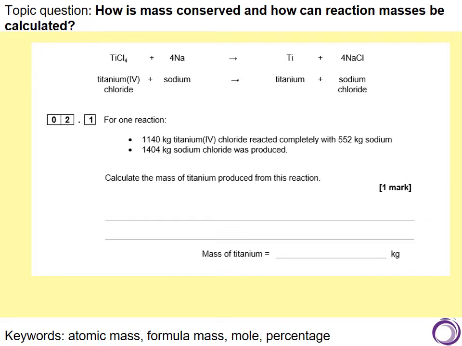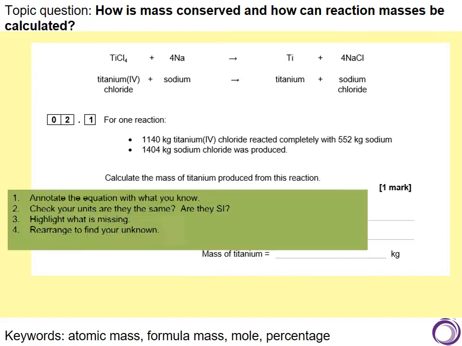This produced 1404 kilograms of sodium chloride, and the question then asks you to calculate the mass of titanium produced from this reaction. As you can see, this is a 1 mark question, so we're not looking for a complicated calculation. So in tackling questions of this nature, annotate the question with everything that you know.